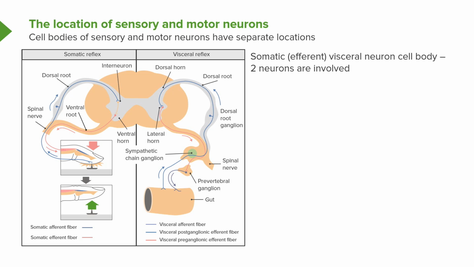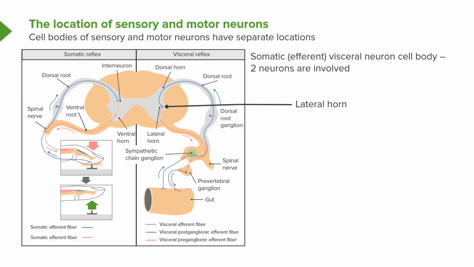Now, picture also on this image the right-hand side, the visceral reflex. And we'll describe now the efferent visceral neuron pathway, the autonomic pathway, motor neurons that are going to innervate smooth muscle and components that we're not conscious about. And again, remember that I said two neurons were involved. Well, remember that I described the lateral horn when we looked at the section through the spinal cord before.